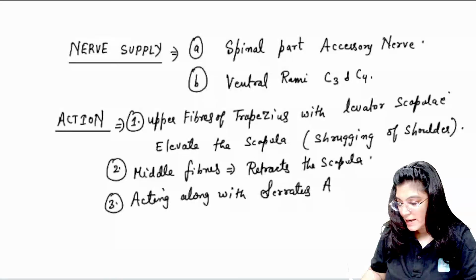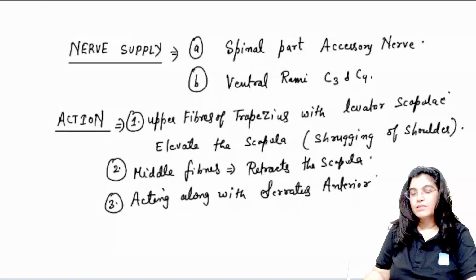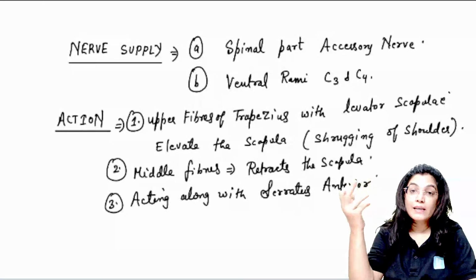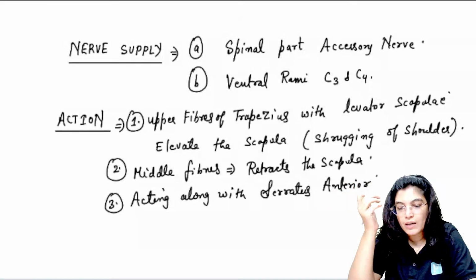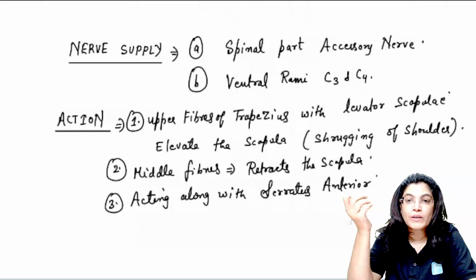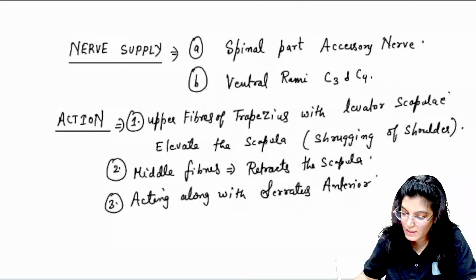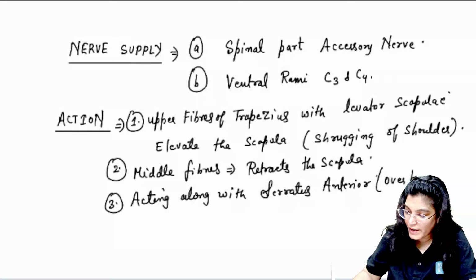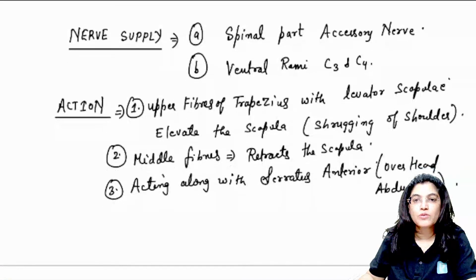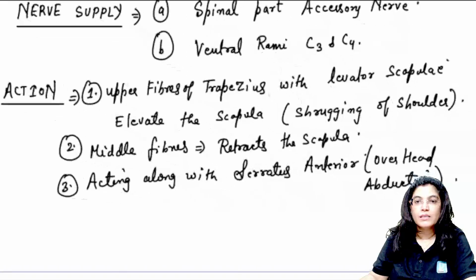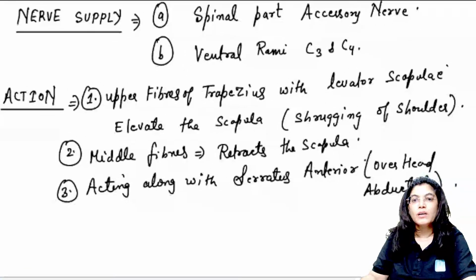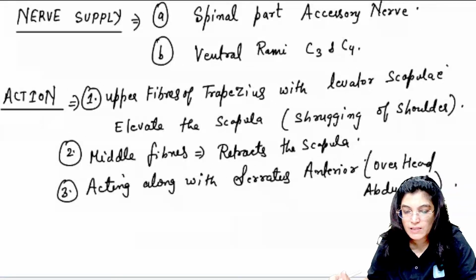If you remember, I have already discussed serratus anterior muscle in the pectoral region, and there I told you it is involved in overhead abduction. So these are three primary actions of the trapezius muscle.